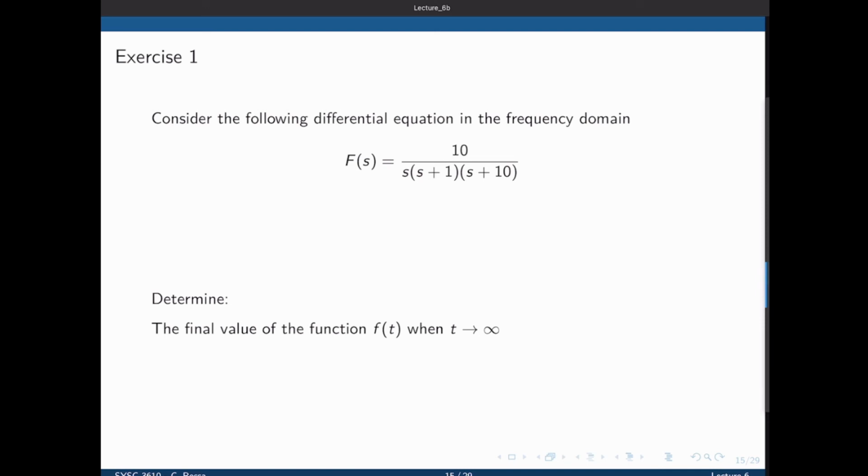What we want here is to find the final value of the function when time tends to infinity. So let you guys attempt it. So how would you find the final value of the function as time tends to infinity? Two ways. Find the transfer function, find the inverse Laplace, make time tend to infinity, or use the final value theorem.